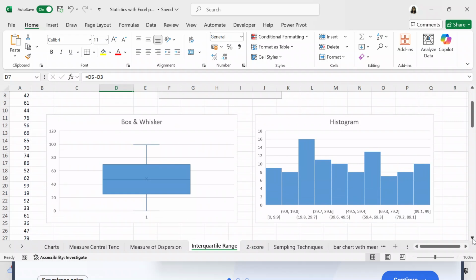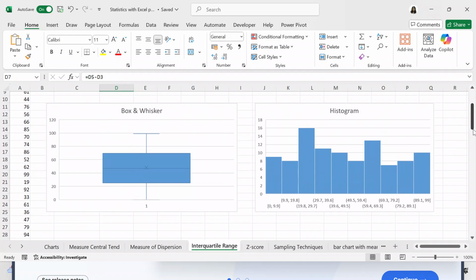The first quartile is somewhere around 25. The second quartile is after 40, somewhere around 50. And the third quartile is somewhere around 70. The blue line right here is your median, and the interquartile range is Q3 minus Q1.